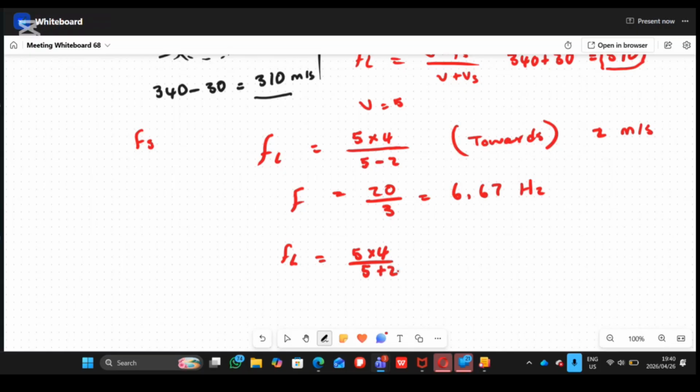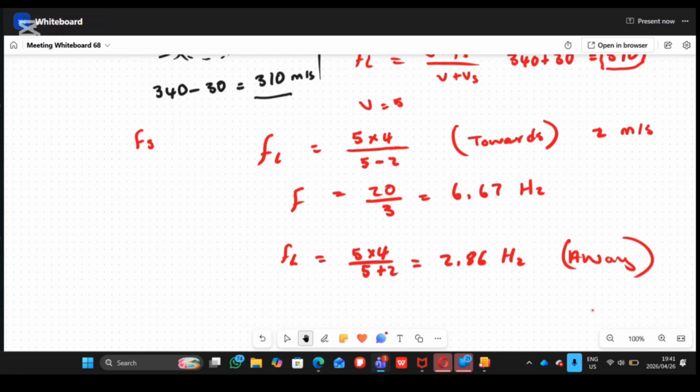So 5 plus 2, 20 divided by 7. This is now 2.86 hertz. So that's the frequency for away. It was moving away from a stationary observer.